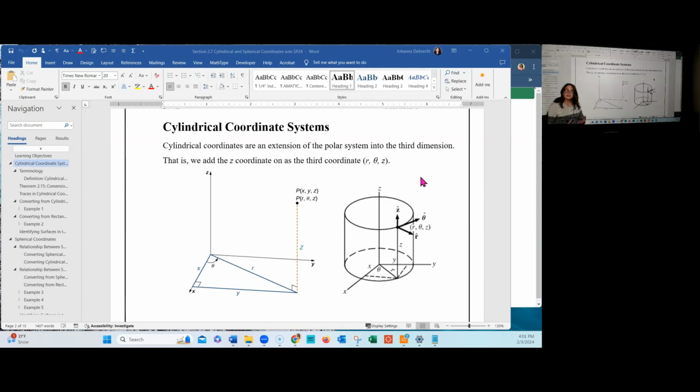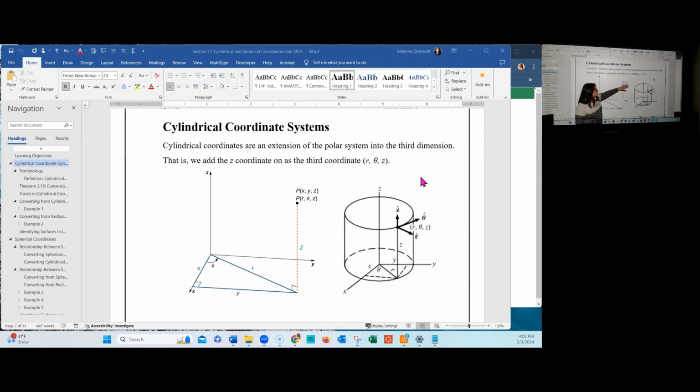Now, this gives us a new way of describing the point in cylindrical coordinates, where we give r, theta, and z. R and theta are typically in the xy plane, but again, they could be extended to apply to the yz plane or the xz plane.